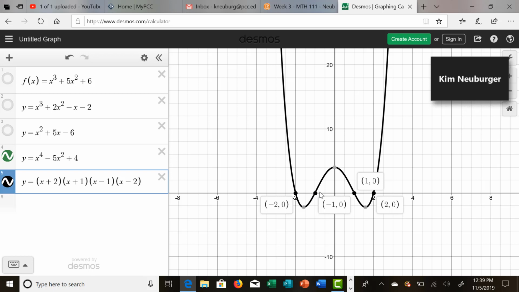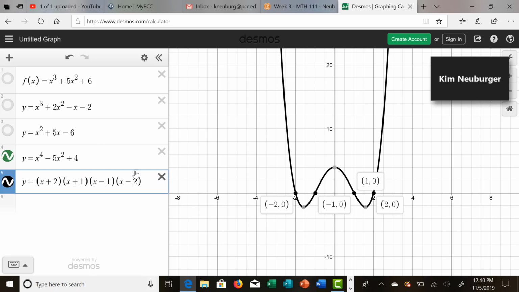If you looked at a little teeny section here, it would look like a line going through -1, and that's because each of these has a 1 on its parentheses, and there are 4 of them, which means this is a degree 4. And look at the green one. The green one is a degree 4, and they're landing on top of each other, which means they're the same exact equation.